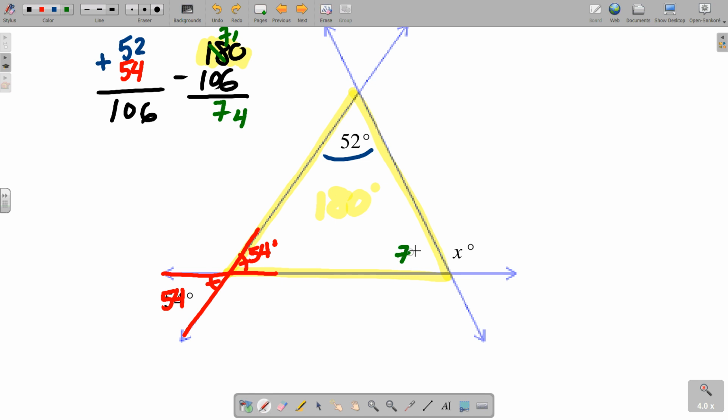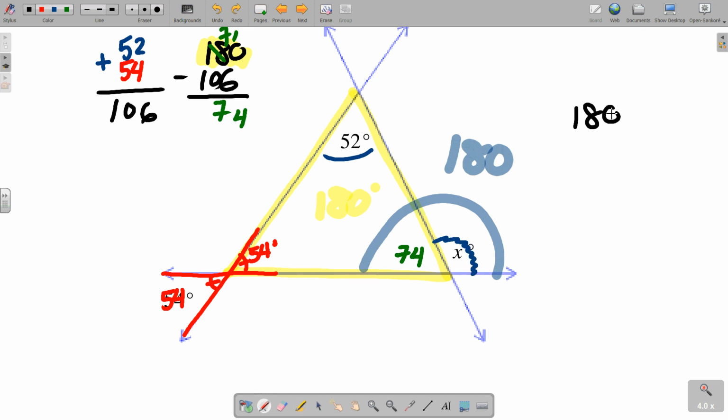And we just found this angle right here. And we're looking for X. Go ahead and sweep a rainbow. Physically sweep that rainbow. And we see to get our X, we're going to do 180 minus 74. And we get 106.